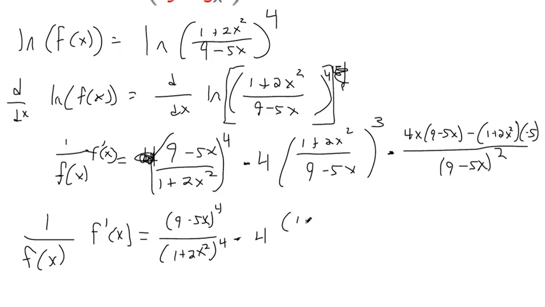This is 1 plus 2x squared, that's all to the 3rd power. And then we got 9 minus 5x to the 3rd. And then all this stuff we could distribute to try to maybe combine like terms over here. 4x times 9 makes 36x. And then 4x times negative 5x makes negative 20x squared.